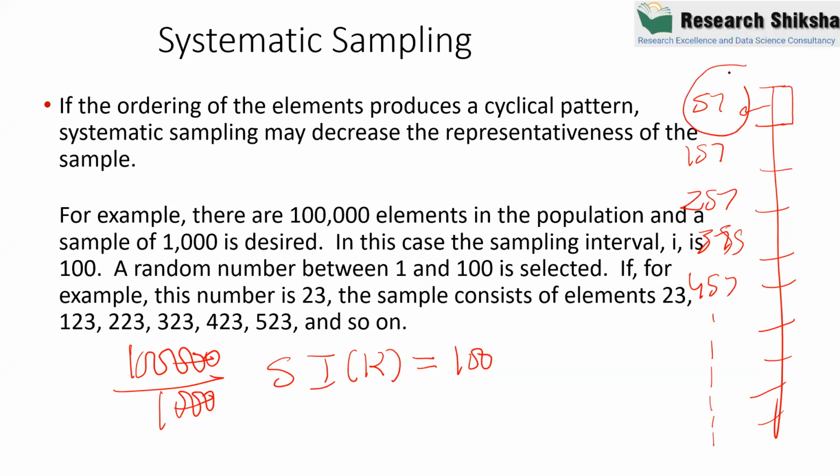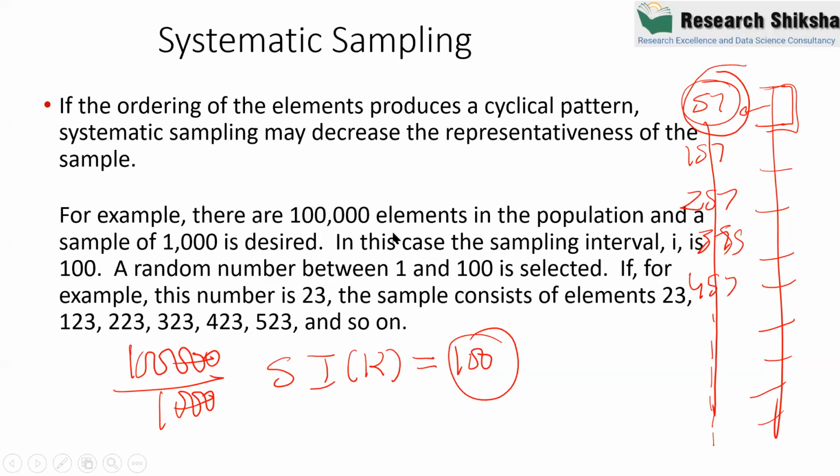So the first person comes from the sampling interval, and after that I just add 100 to it and get my sample. So this is called the systematic sampling method. Okay. If for example I find any number between 1 and 100, and suppose this number is 23, then all other numbers will be 23, 123, 223, 323, like that.